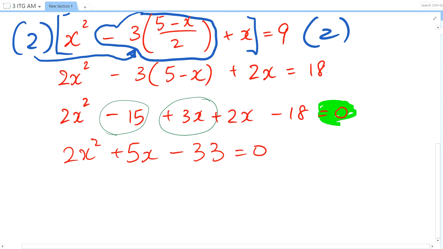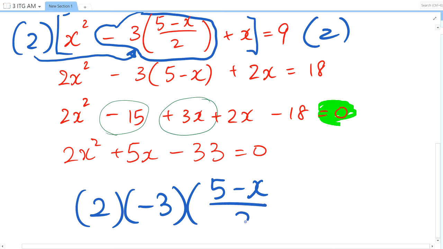Let me write it down at the bottom so that it is clearer. I've got now 2 multiplied by negative 3 multiplied by 5 minus x over 2. Agree? Then the 2 and the 2 cancel. That's why at this step I asked whether anybody is lost already. Then you must tell me so that I don't need to go backwards again. Okay? So try and stay with me.